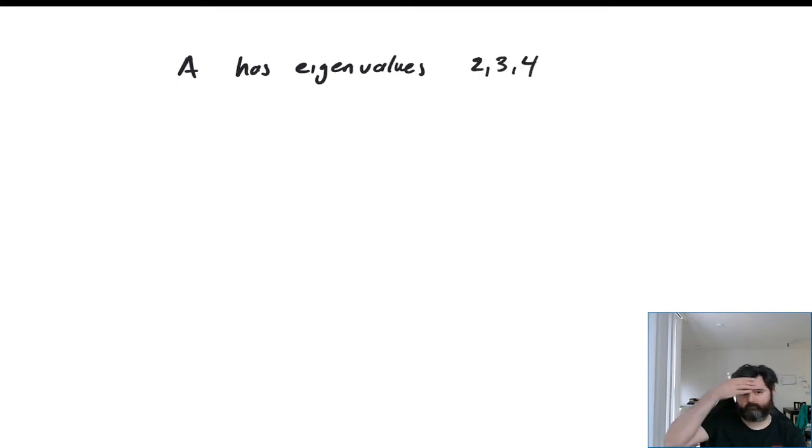Find all of the eigenvalues of A minus I. Well, okay, so A has eigenvalues 2, 3, and 4, right?